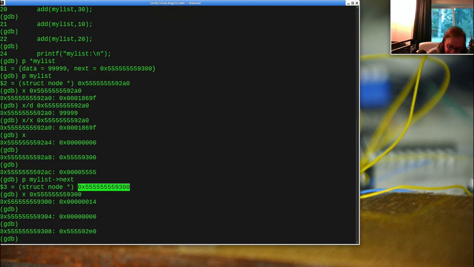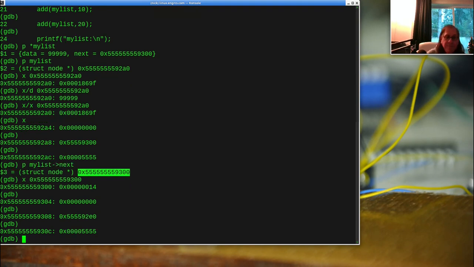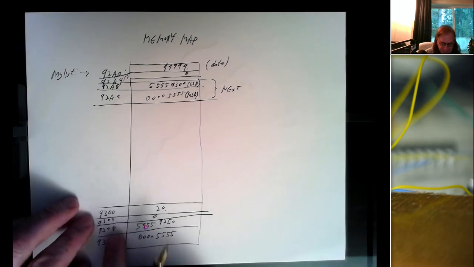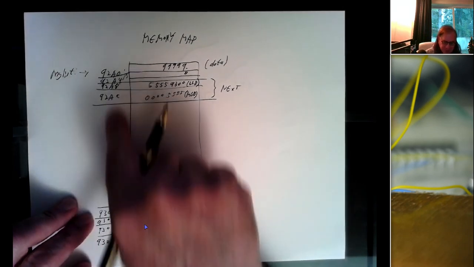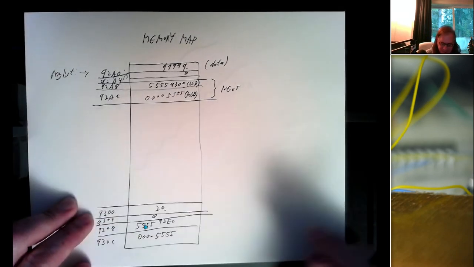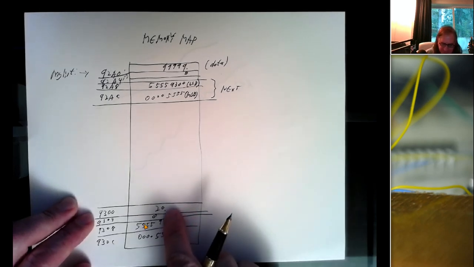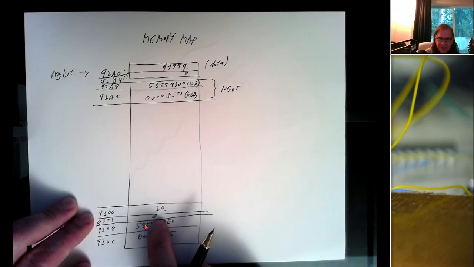92E0, and that's followed by 4 zeros, 4 5s. So I've added those to our memory map down here, and I put some space between 92AC and 9300. So there's our data value. There's an extra 0 sitting in there.